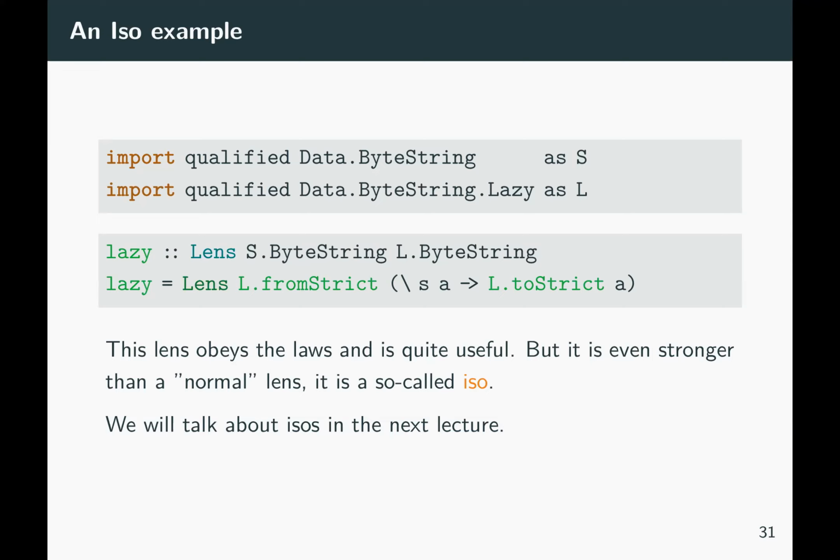Normally, if you go from something big to one of its parts, you lose information. But you don't necessarily have to. So in this example, and there are other examples where you can convert between two different types that contain the same information, that's a special case of lens, and it's called an ISO for isomorphism, which means same shape.